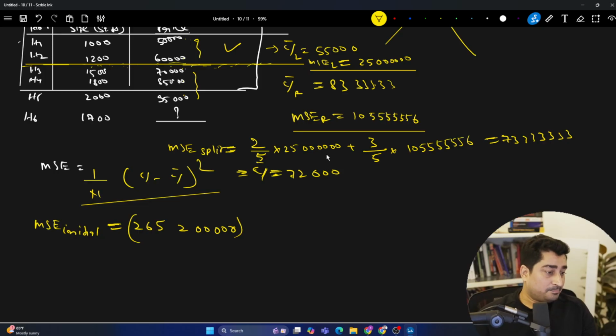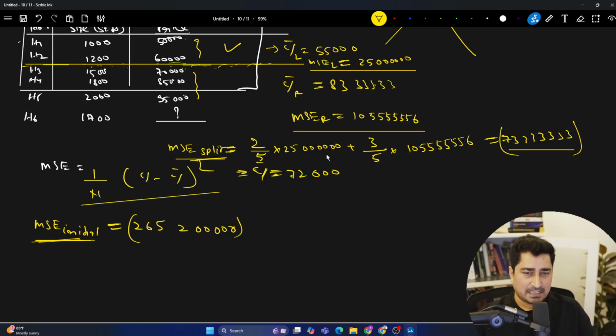So here this is basically the MSE for a split we are able to find out, and this was the initial mean squared error we were able to find out. Now which one is greater, guys?